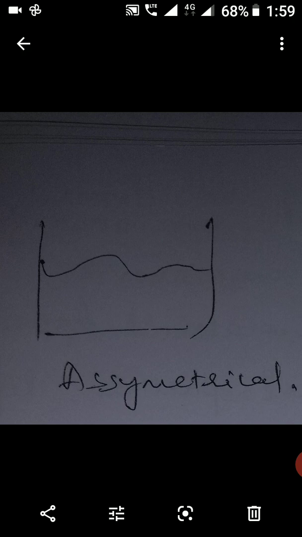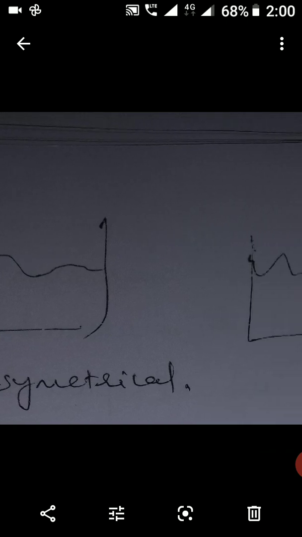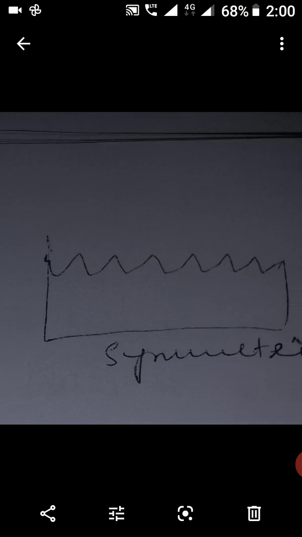These are undulations seen on the surface of sedimentary rocks, produced by the action of waves and currents in shallow water. These are the two types of ripple marks.